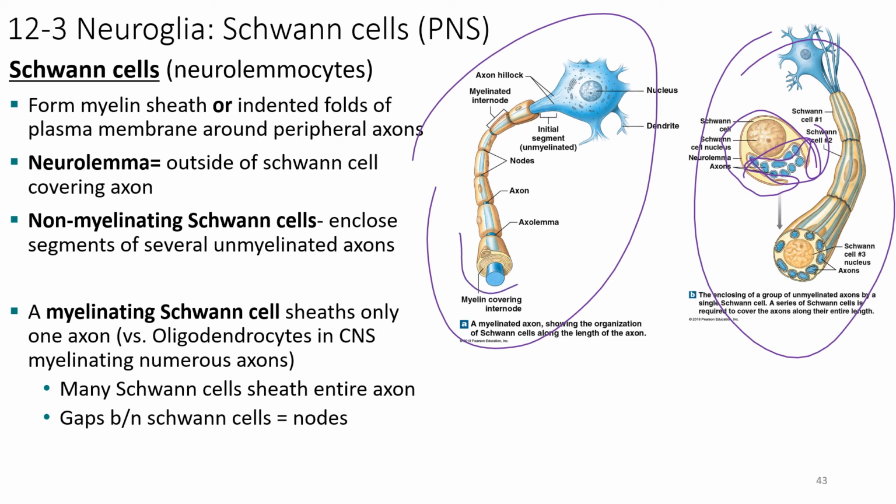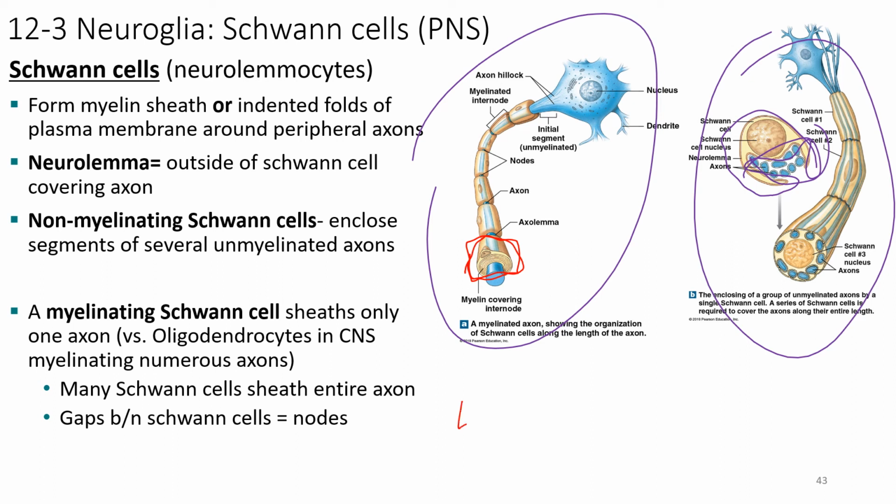So each of these internodes that you see here, remember the internode is the area that's myelinated, each of these is actually one Schwann cell that has wrapped itself around that axon. So this here is one Schwann cell.